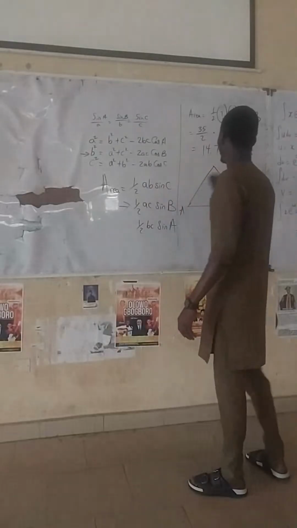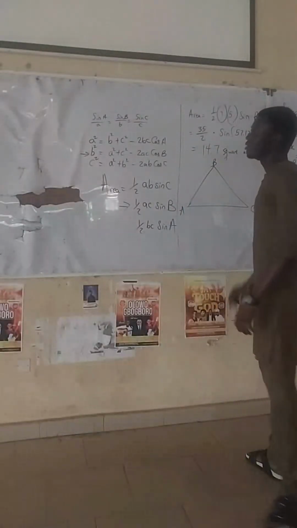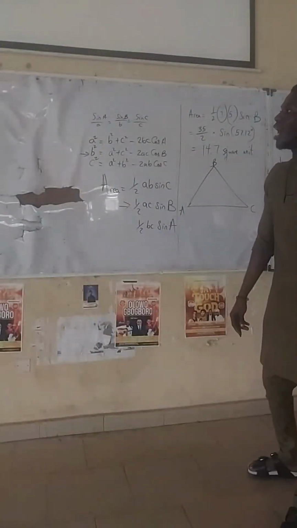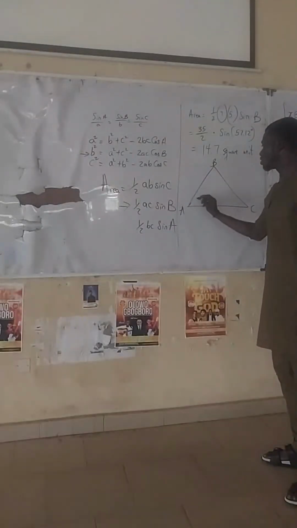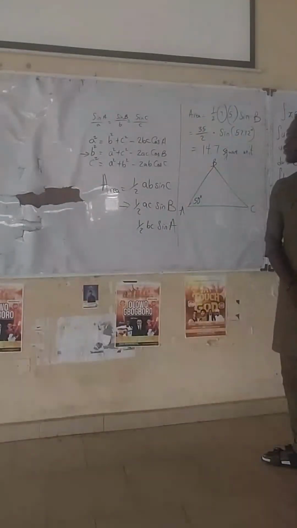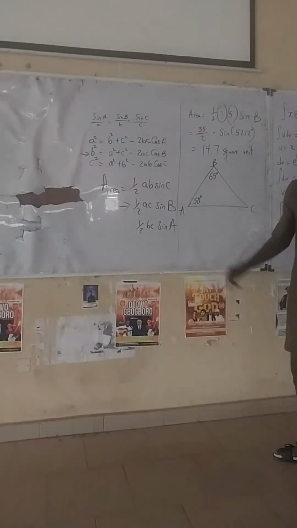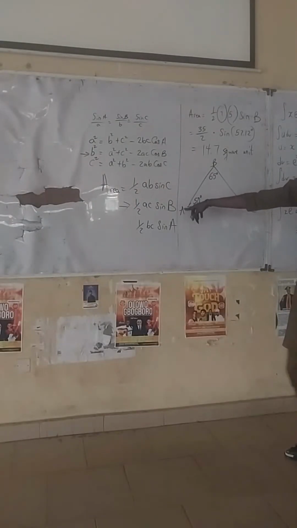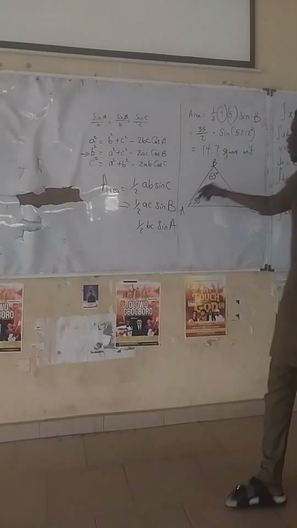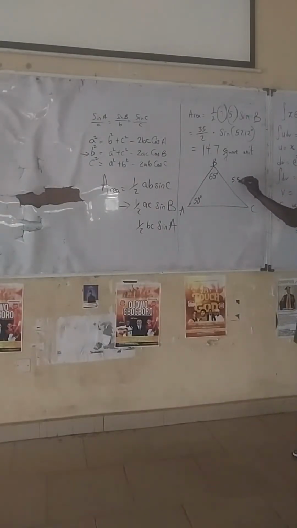If it's A, B, and C. For number 6, you have angle A is given as 50 degrees. Angle B is given as 65 degrees. And one of the sides is given as 5.5 centimeters.